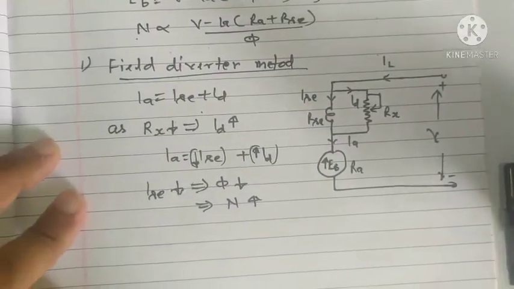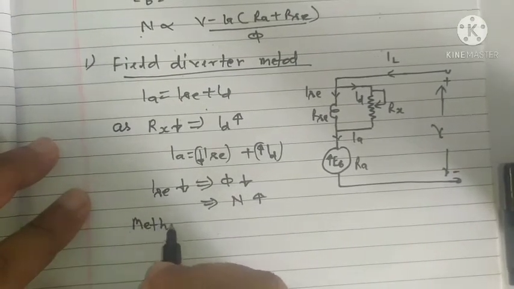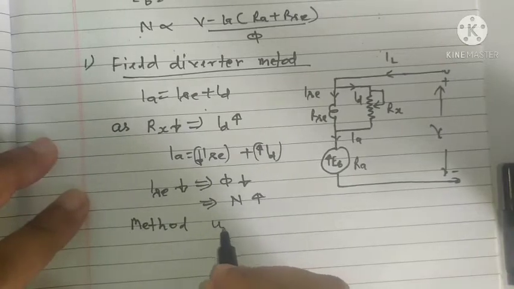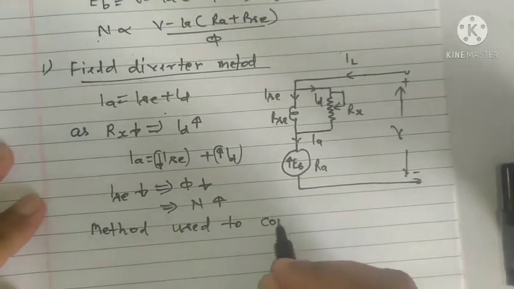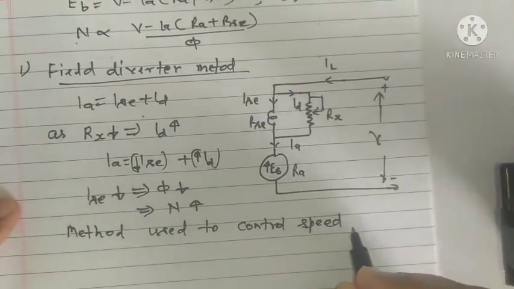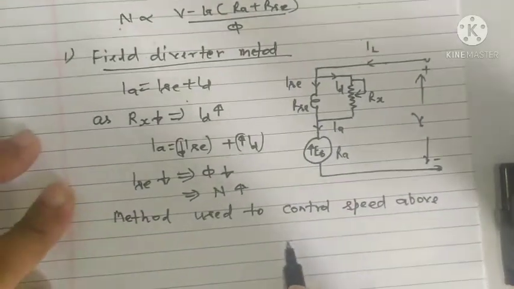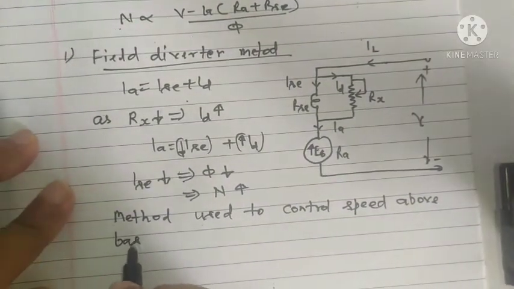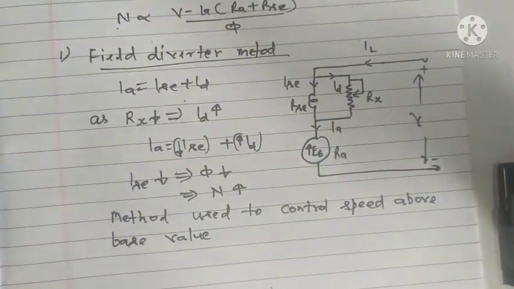Right. So this method is used to control speed above base value, that is the rated value, right?